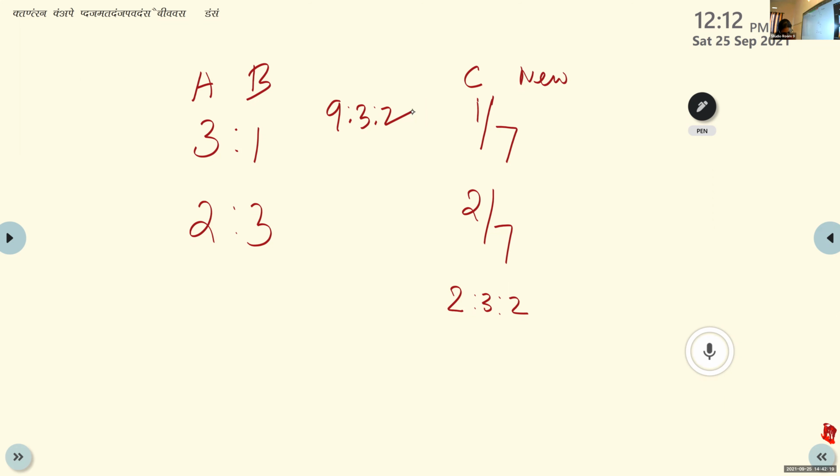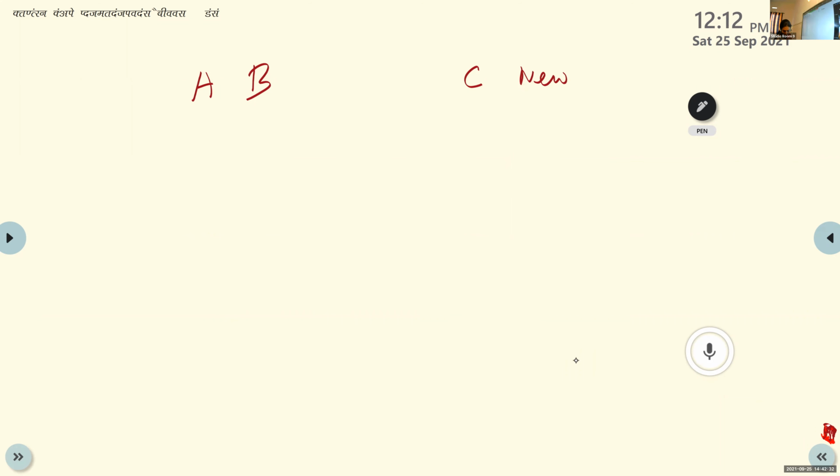The first question, A and B were partners sharing 3:2, and they admit C for 1/6. You can go for this technique and get the answer. Three is to 2, 1/6.